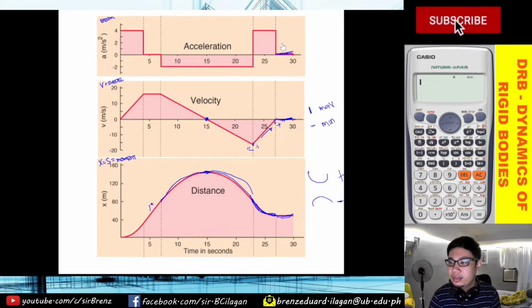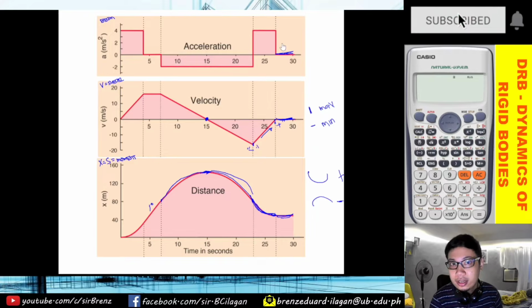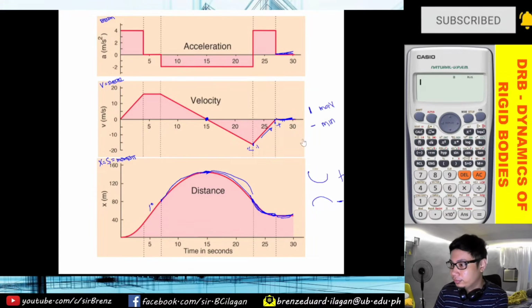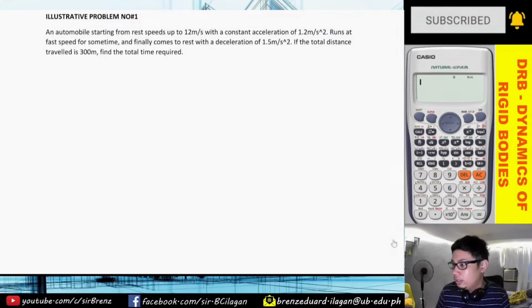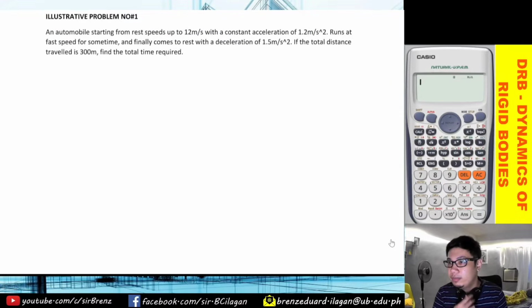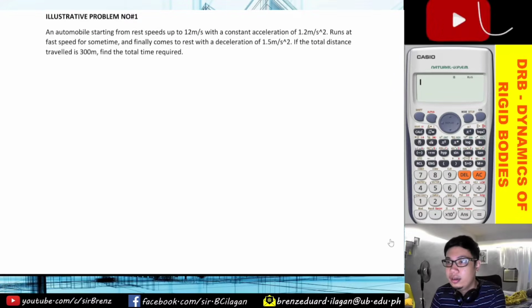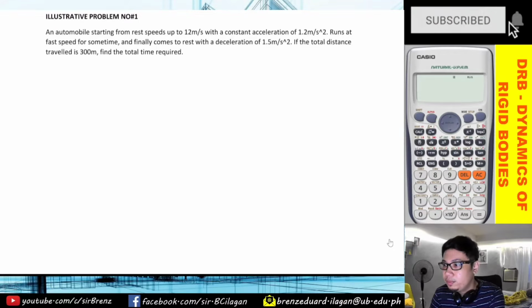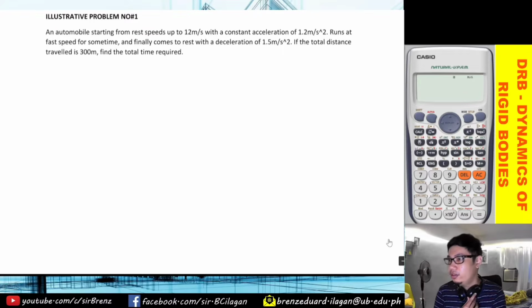So, let's start first with problem number 1. So, gamitan natin siya ng application ng rectilinear translation at saka ng motion diagram or motion curve. Okay, so let's read problem number 1. So, an automobile starting from rest, speeds up to 12 meters per second with a constant acceleration of 1.2 meters per second squared.